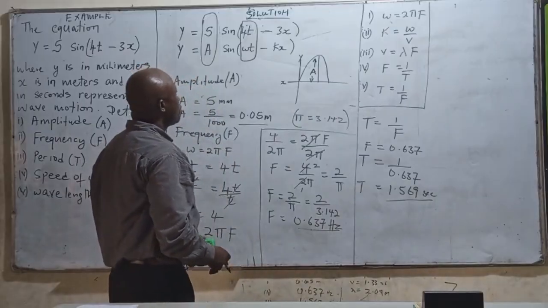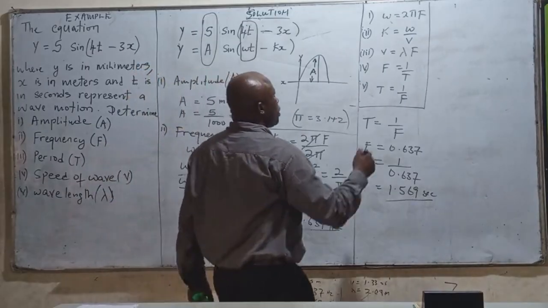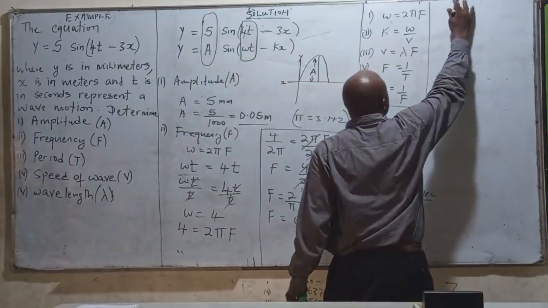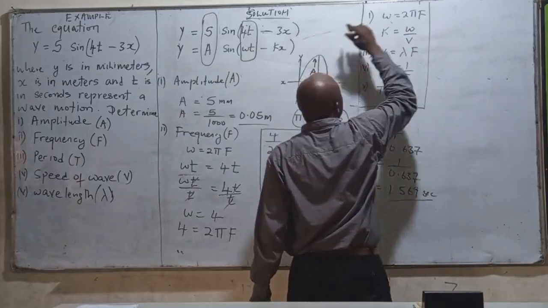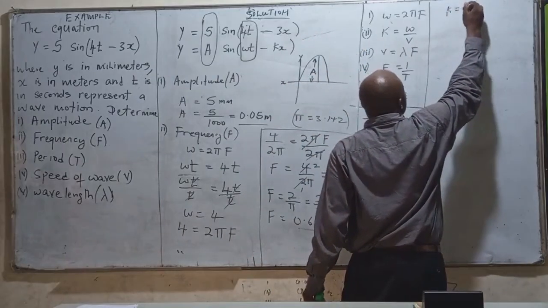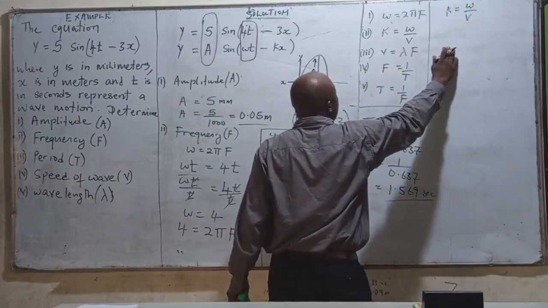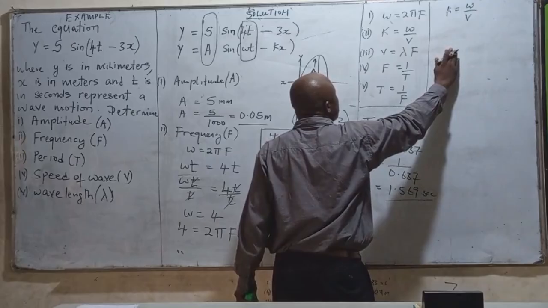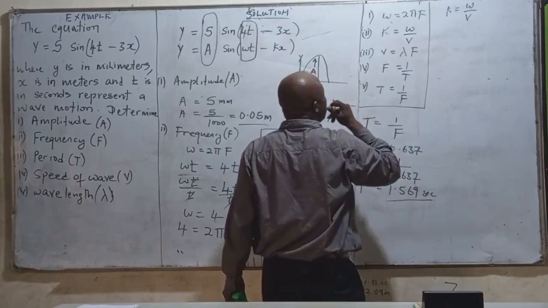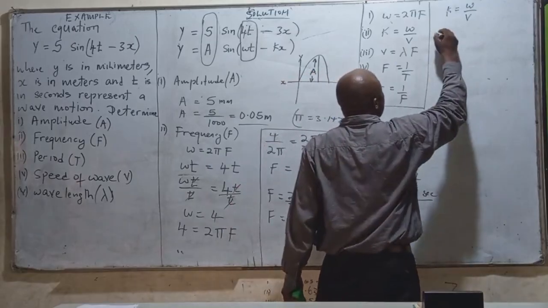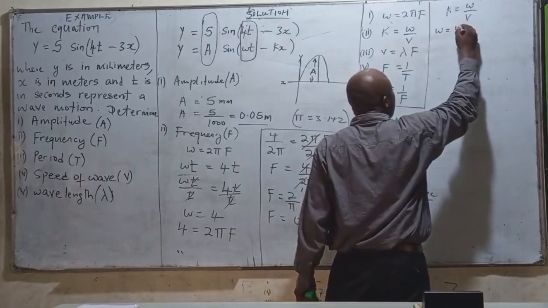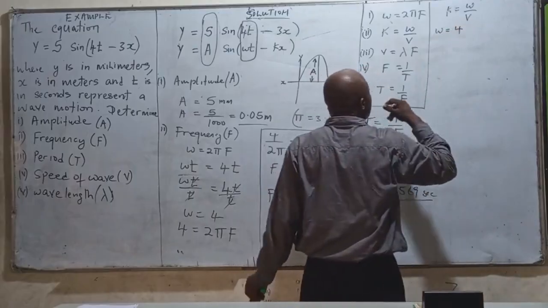Since k is directly in the formula, k is equal to w over v, so we solve for k. Already we have w equal to 4 from the previous expression.